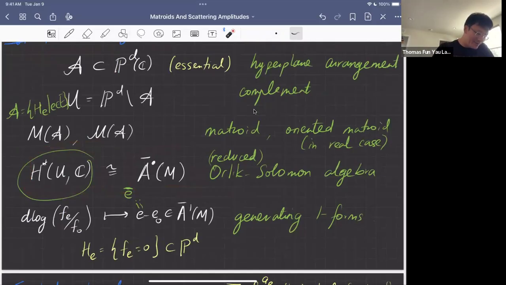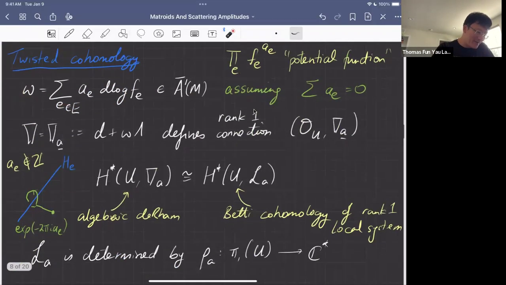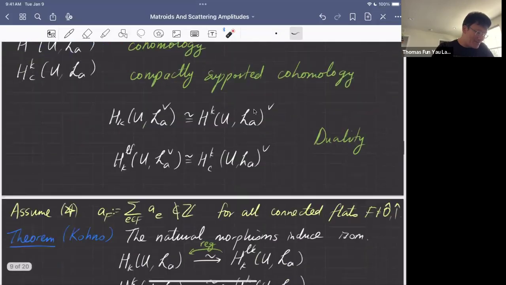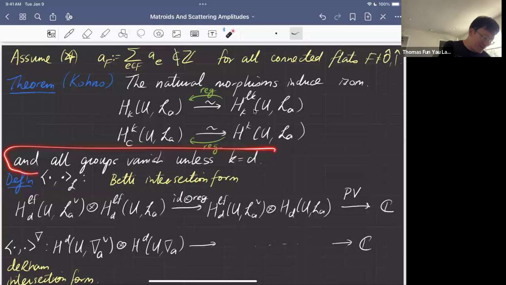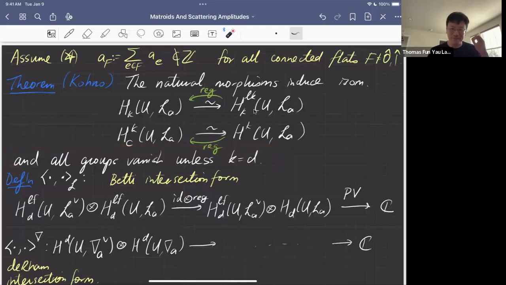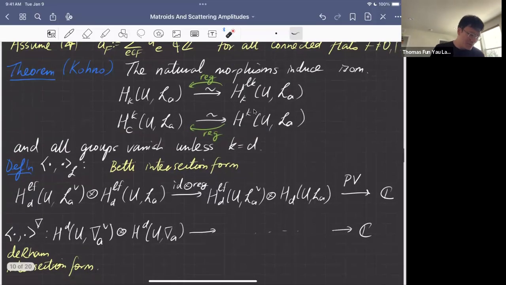So what you need to do is take a maximally non-trivial local system, and then you will have this vanishing theorem. Here D is the dimension of the projective space that we're thinking about.